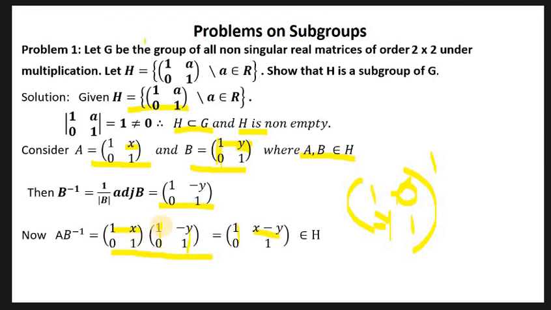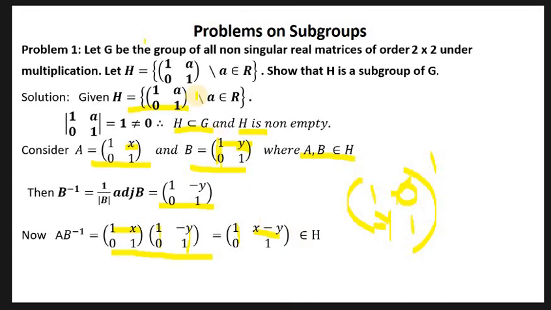Similarly, second row into first column, it is 0 into 1 is 0 plus 1 into 0 is 0. Then second row into second column, 0 into minus y is 0, 1 into 1 is 1. Means corresponding elements we have to multiply. AB inverse with respect to multiplication, AB inverse is equal to 1 x minus y 0 1.